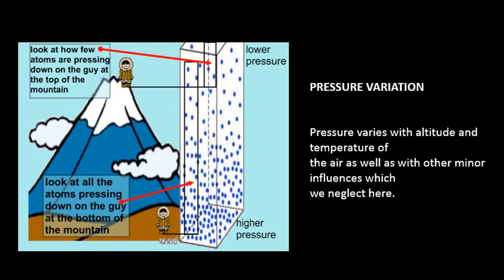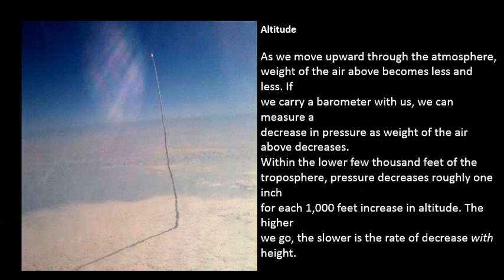So pressure variations, we need to talk about. Pressure varies with altitude. We talked about that. And we covered this. There is a little bit of redundancy here, because I'm trying to hammer this in and make it as simple as possible. If you guys are like, I still don't understand it, then I need to come up with a better way.